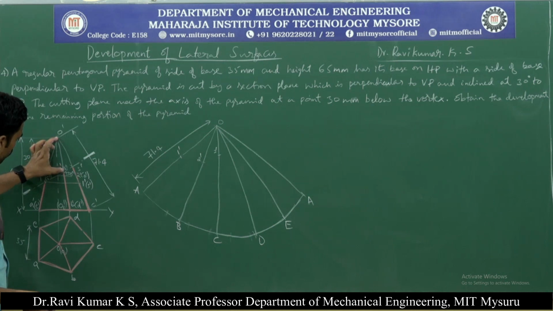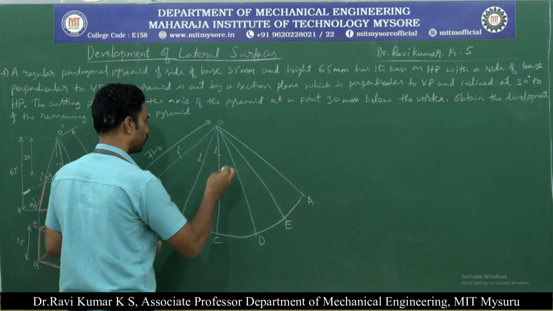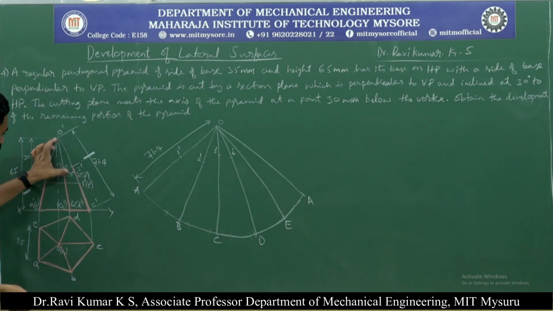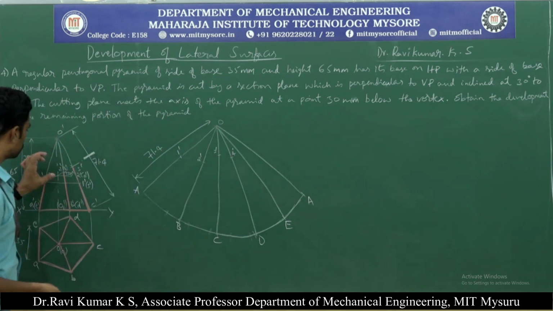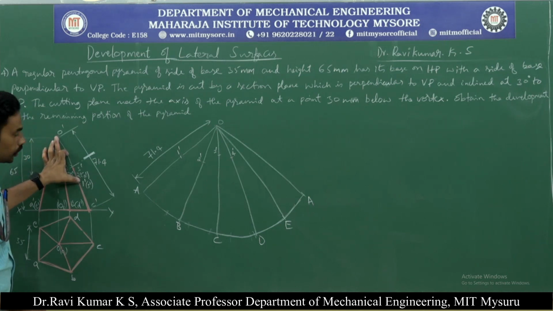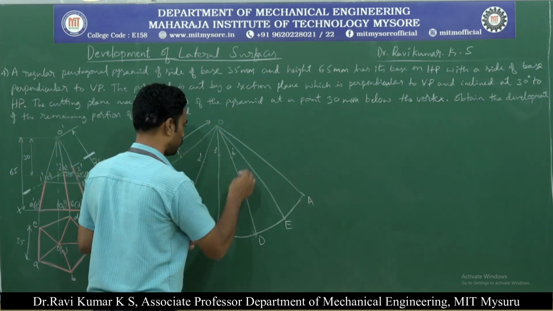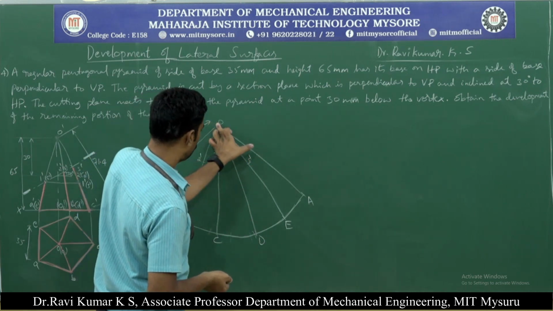OD, you just transfer the height, this is 4 dash. Similarly, OE, it is the true length, that is O5, from here to here, this is 5 dash. Similarly, O1 dash, 1 dash.